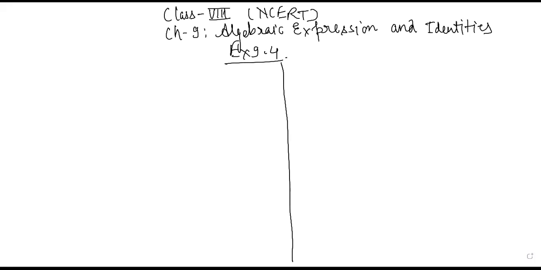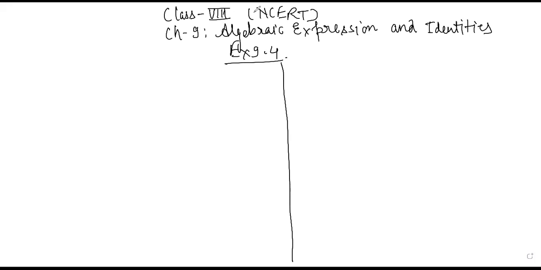As you know, we have already discussed up to exercise 9.3. Now moving on to exercise 9.4. Up to 9.3, we have discussed the multiplication of monomial by monomial, monomial by binomial, monomial by trinomial, and binomial by binomials.